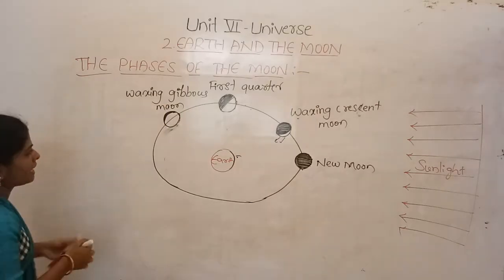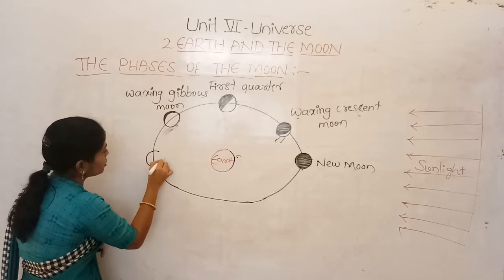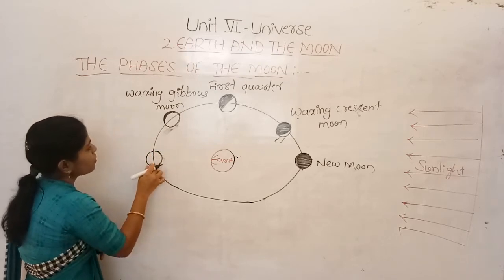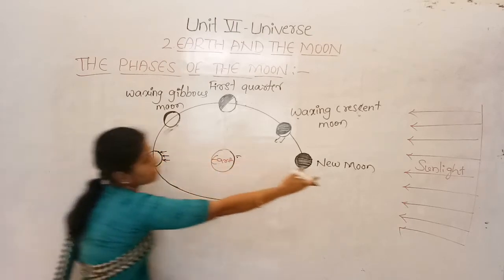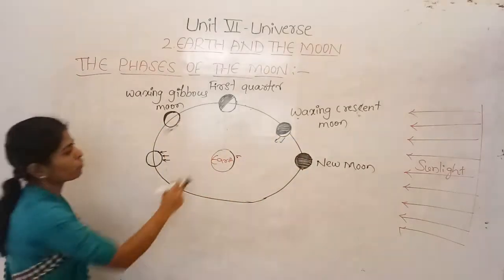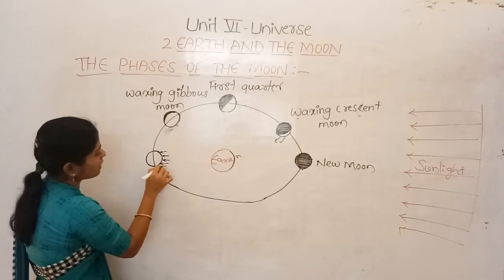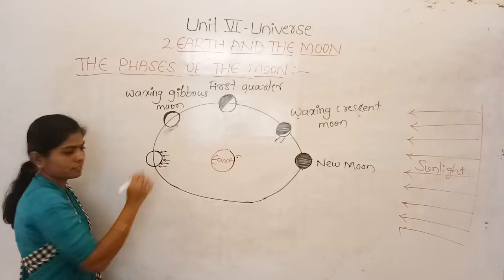And when the moon comes to this position, light rays will fall on this surface again, because the sunlight is fixed. The sun is fixed in its position and only these are revolving. So the sunlight falls in this direction, and it is a completely lit surface.